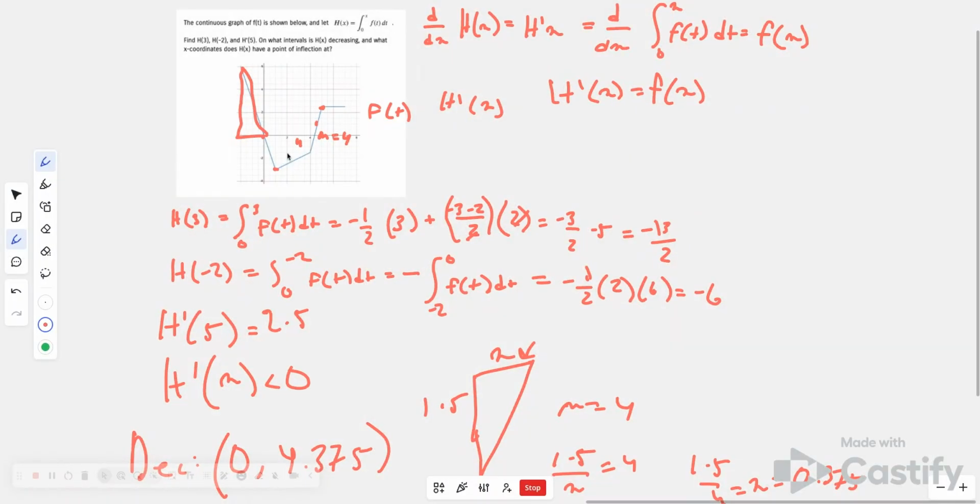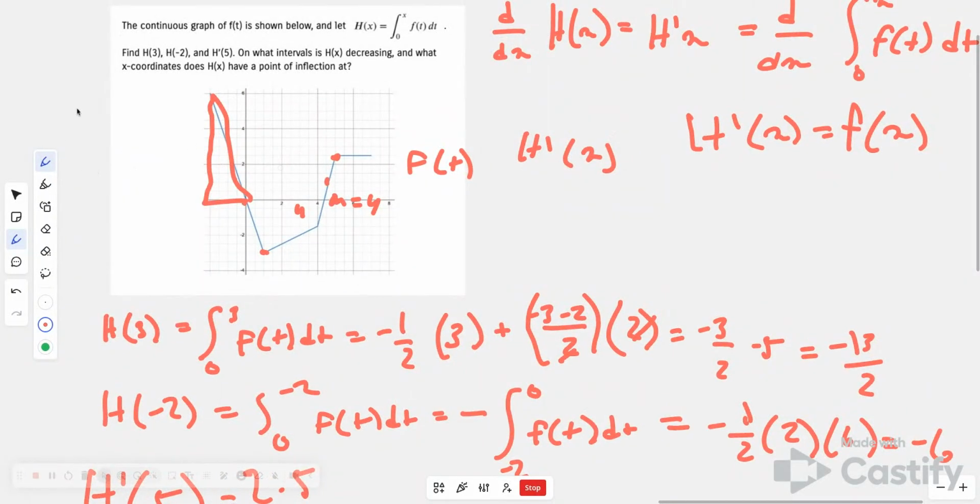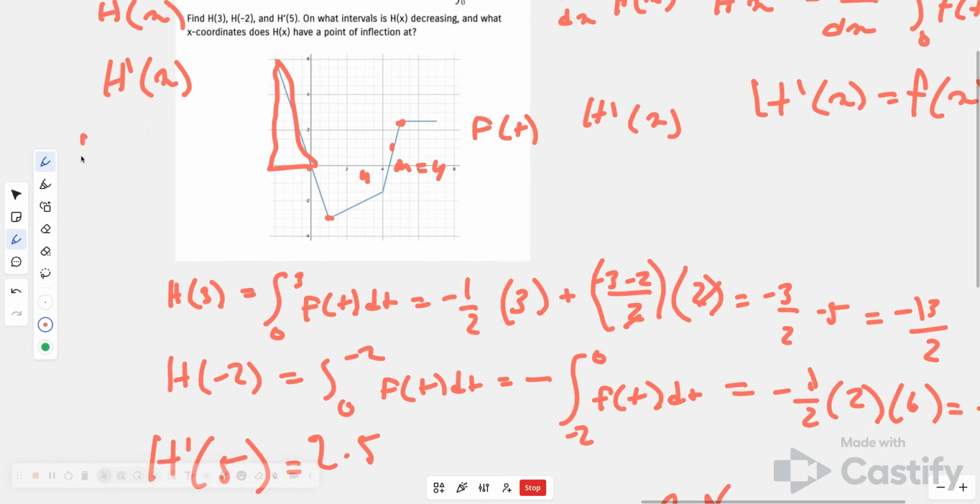So at this point is where we're going to have a point of inflection, because remember this represents h prime of x. So h of x would have a POI where h prime of x has a relative max or min, and where h double prime of x, which isn't shown, has an x-intercept.